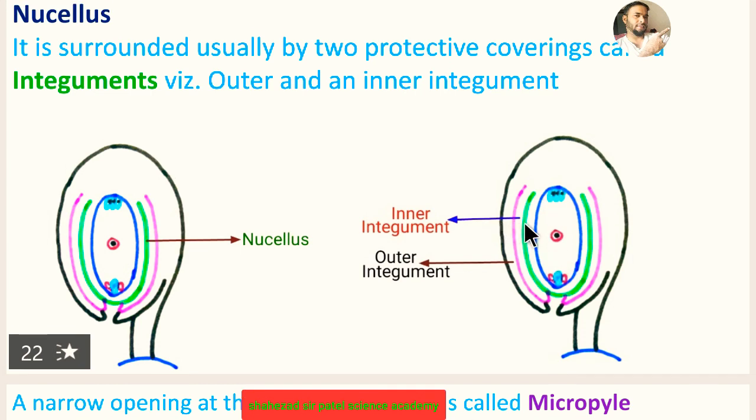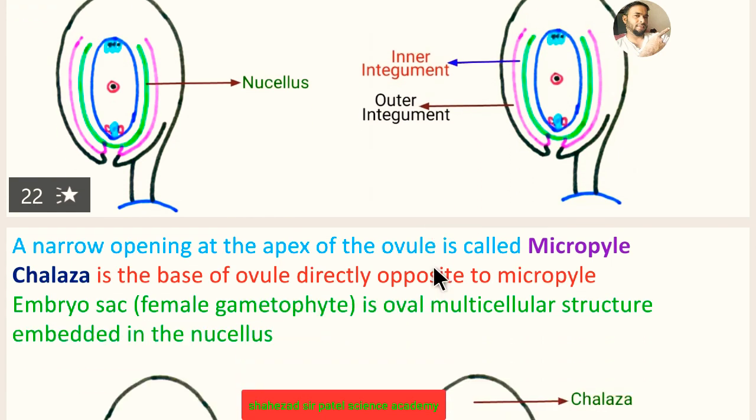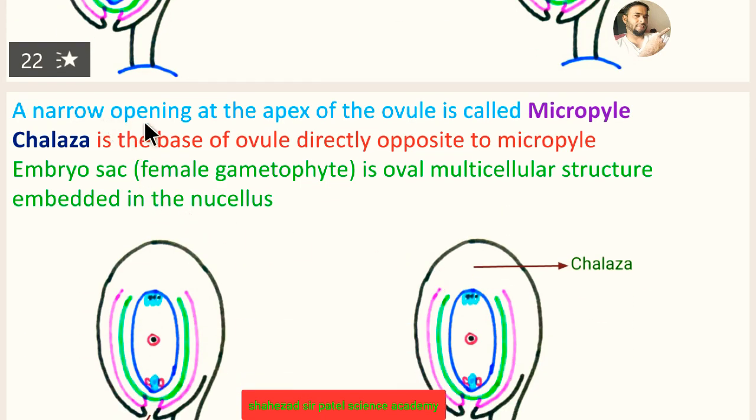So this is the inner integument, and this is the outer integument. A narrow opening at the apex of the ovule is called micropyle, and chalaza is the base of the ovule directly opposite to the micropyle.